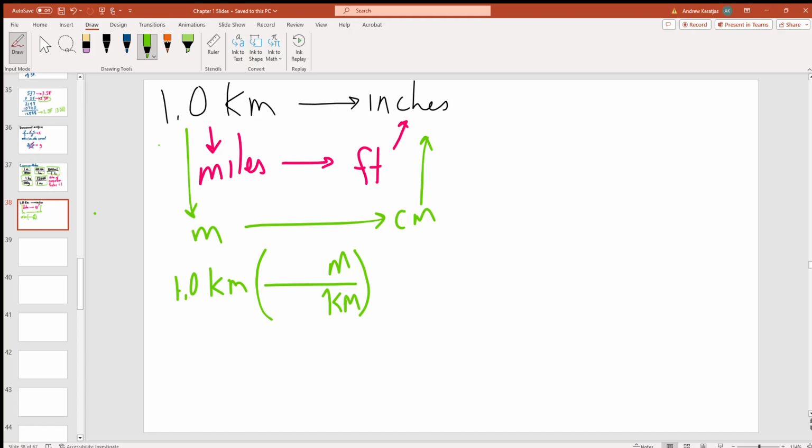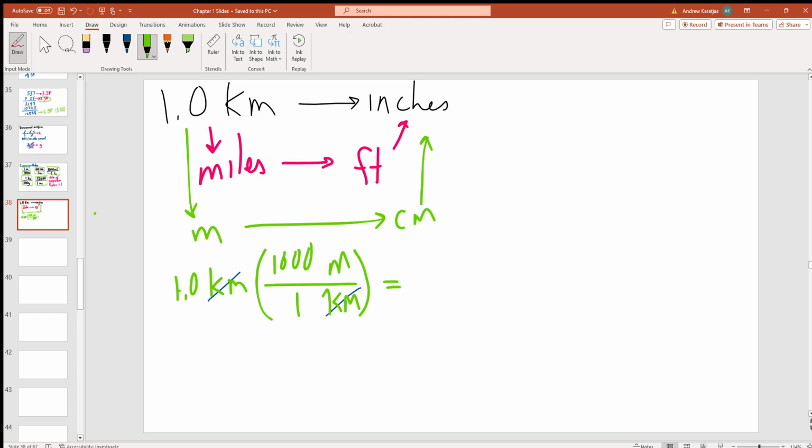Or do we put kilometers on top and meters on the bottom? But the important thing we want is that our units will cancel. And you can see here, if we put kilometers on the bottom, then kilometers cancel and we're left with meters. So 1,000 meters is 1 kilometer.